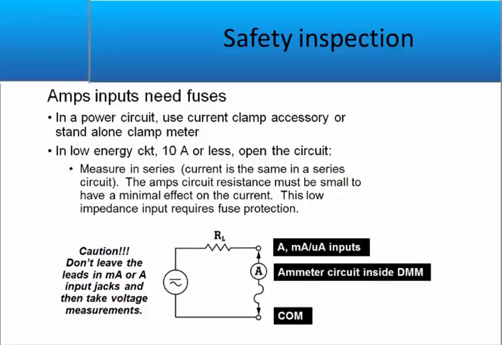A lot of meters will have some type of protection for overload, so make sure that the fuses are intact. This is one of the classical ways where a meter may fail as well, so be very careful on how you actually use your meter.